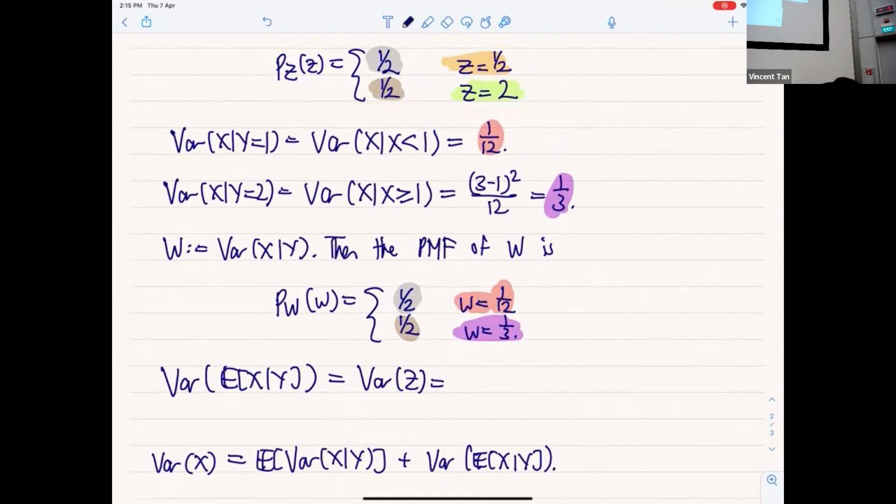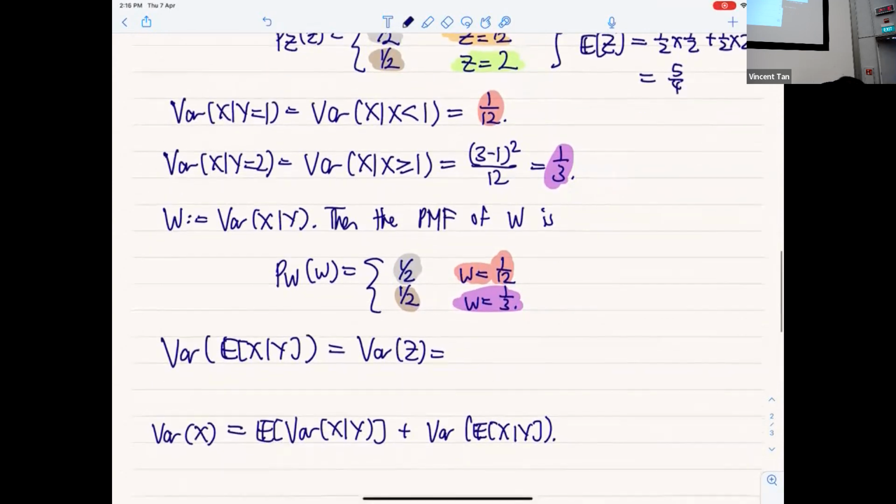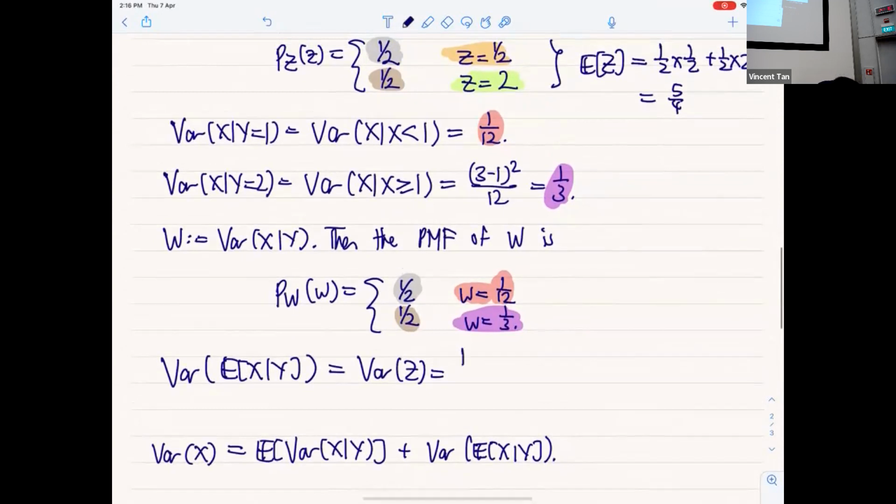Now, with this PMF, the expectation of z is what? It's 1 over 2 times 1 over 2 plus 1 over 2 times 2, and this is equal to 5 over 4. So the variance is going to be half times (1/2 minus 5/4) squared plus half of (2 minus 5/4) squared.